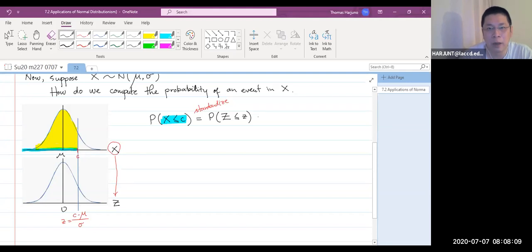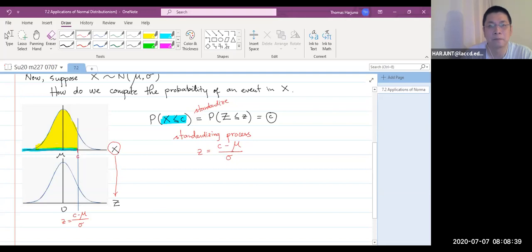And then from there we can use a calculator. This standardizing process uses Z equals C minus mu over sigma.